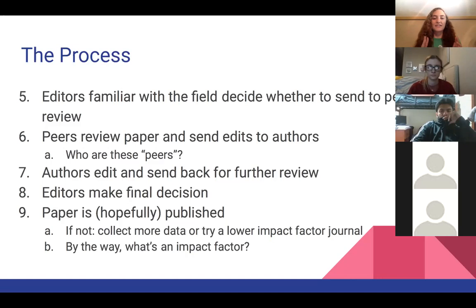But sometimes it doesn't get published. Does anyone know why a paper might not get published even after going through all these drafts back and forth?